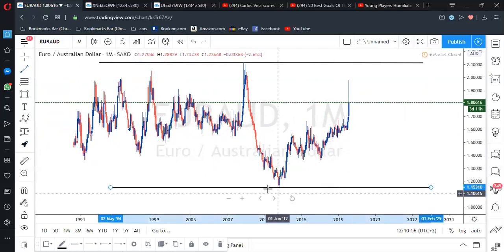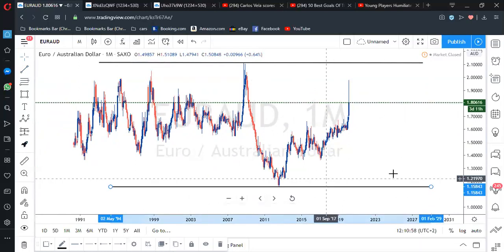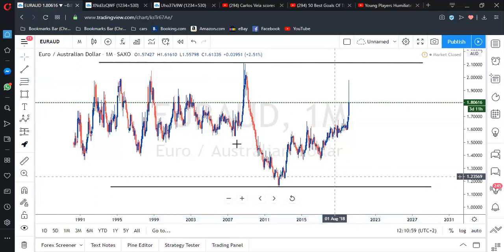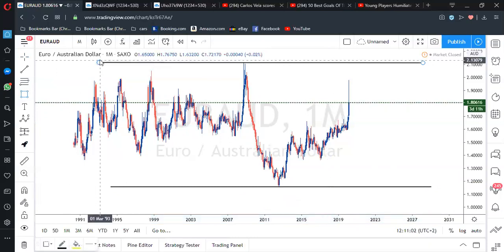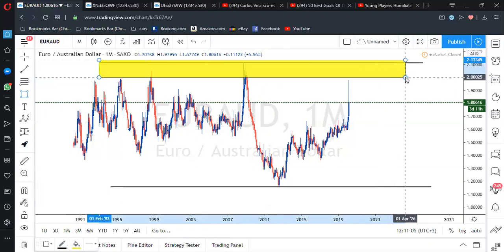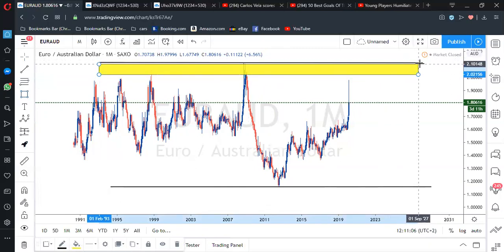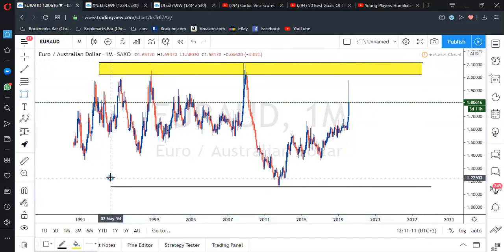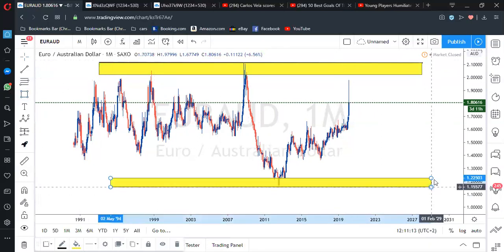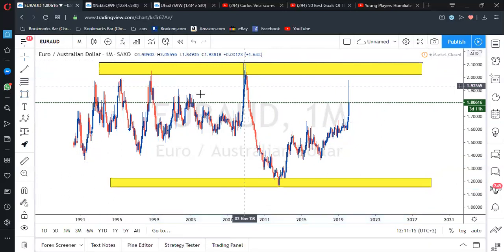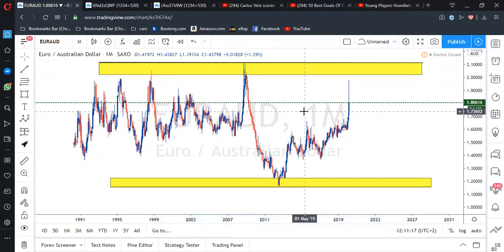We mark the zone. And then we have this structure. So it looks like we have a sort of supply and demand situation up here. It's just simple stuff that I think anyone can see. It would look something like this, just a basic supply and demand.